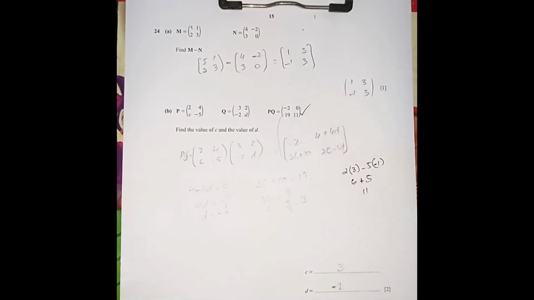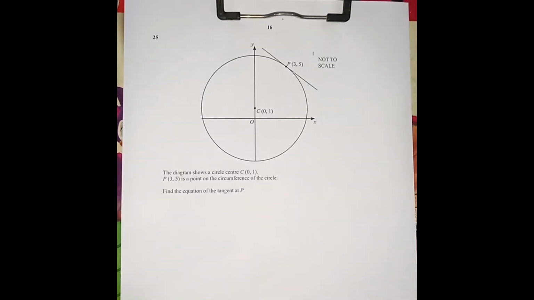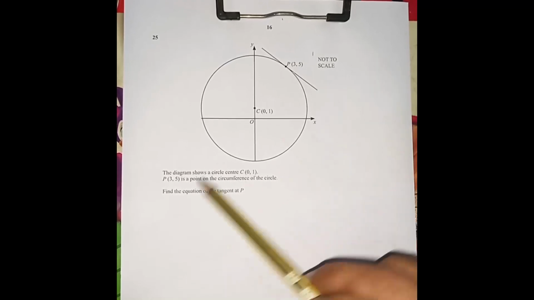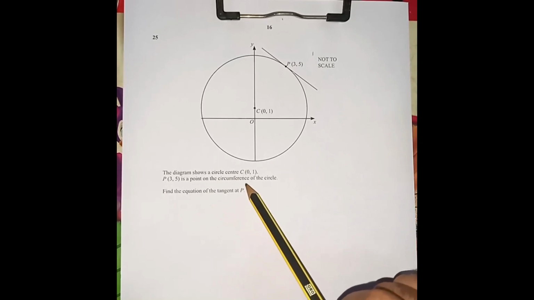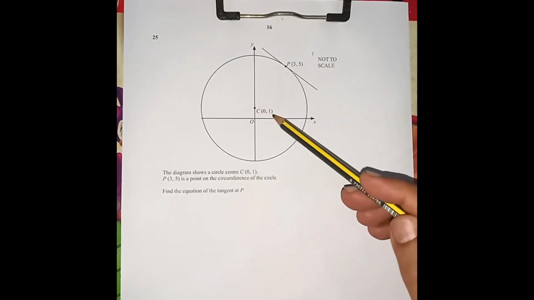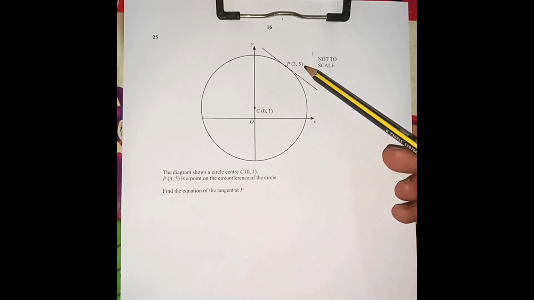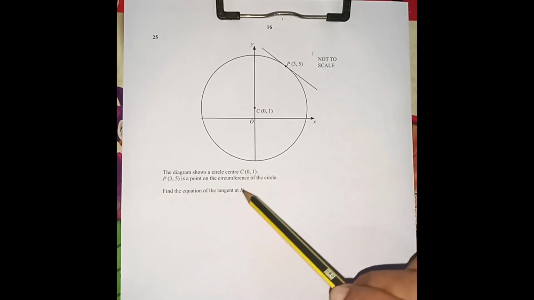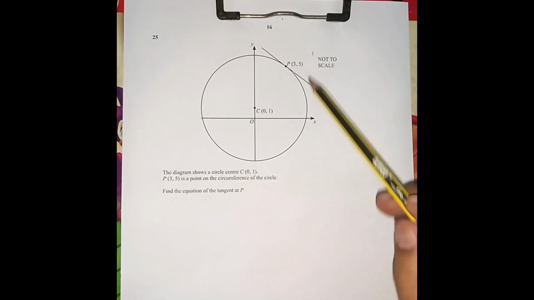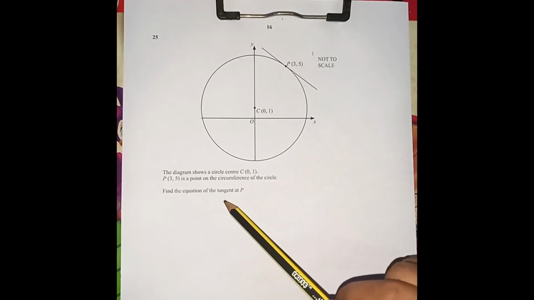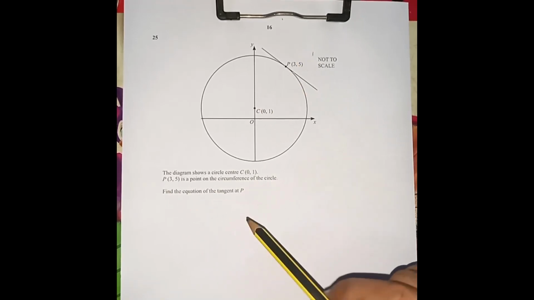I will move to the next question now. Okay, now the question is 25. It is the last question of this paper. Here is a circle, and the diagram shows the circle's center is C, that is C(0,1), and P(3,5) is a point on the circumference of the circle, and find the equation of the tangent.